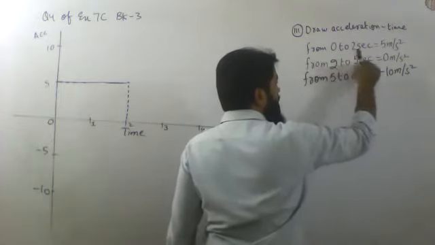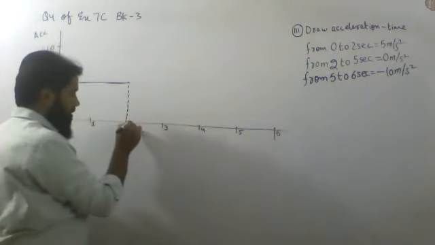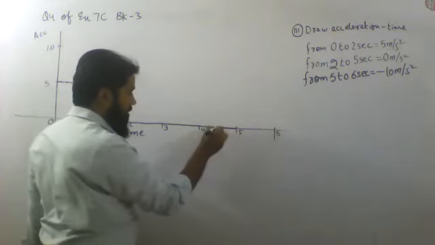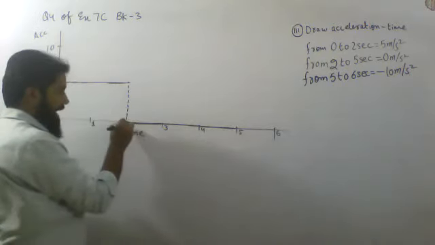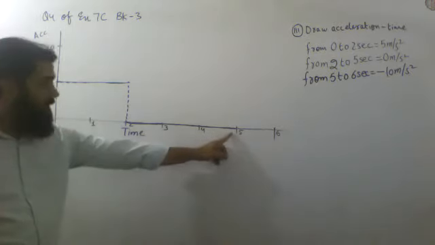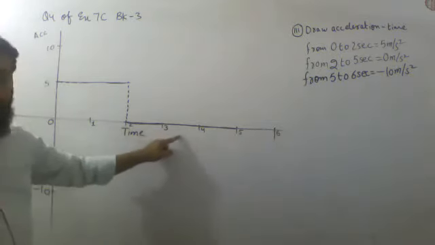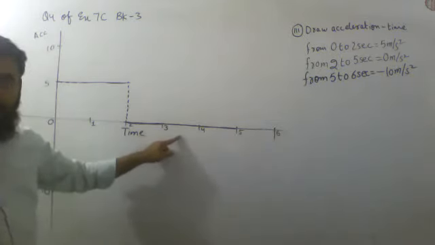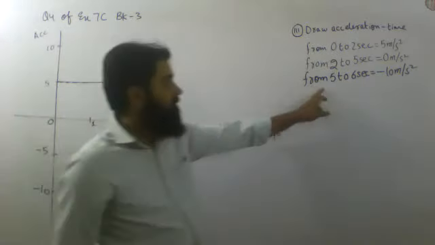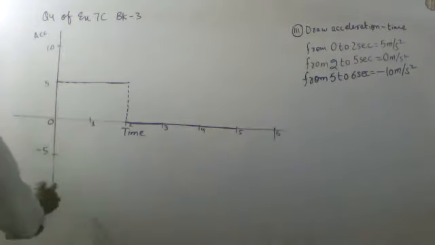Now from 2 to 5 seconds it is 0. So on 0 I have made this line starting from here till here, that is showing your 0 meter per second square, 0 acceleration, right? Last one from 5 to 6, minus 10 meter per second square. So this is minus 10.